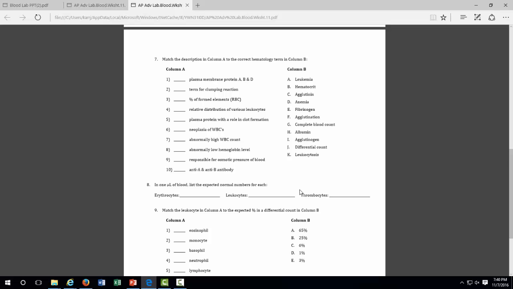Basophils? D, 1%. Neutrophils? A, 65%, that's the most numerous, and lymphocytes, B, 25%. So when you think lymphocytes, think like B cells and T cells. We'll learn about that when we study the immune system coming up during Thanksgiving week. But that's what lymphocytes are, those B cells and T cells.